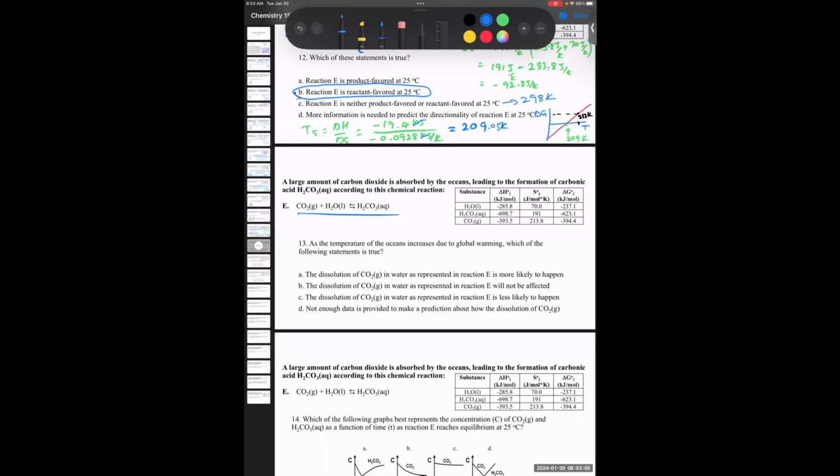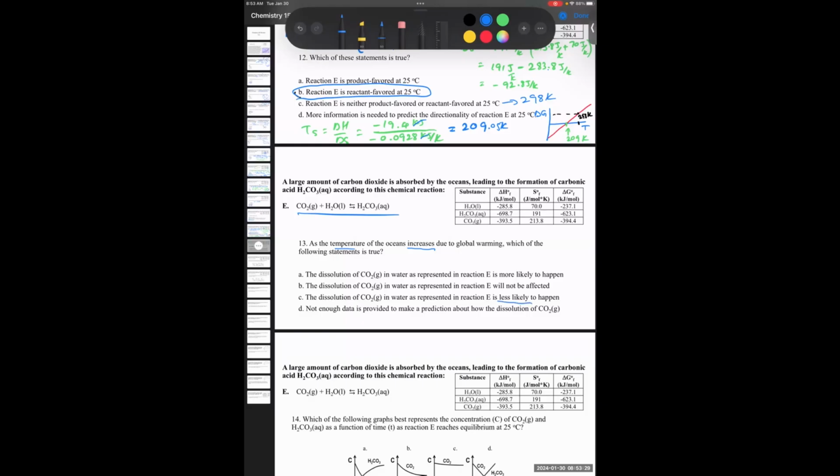Let's look at the options. What does global warming do to the dissolution of carbon dioxide? The dissolution of carbon dioxide in water, as represented in reaction E, is more likely to happen. No, when you increase the temperature, no. Dissolution will not be affected. No, it will be affected. Dissolution of CO2 in water, as represented in E, is less likely to happen.